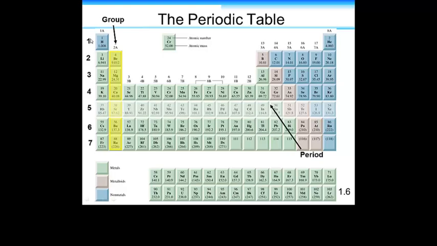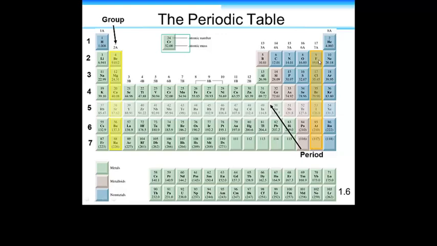This is considered period 1 going across, period 2 going across, period 3 going across, and so on. The atomic number provides information about how many protons there are in an atom, and we'll talk more about what a proton is later on.